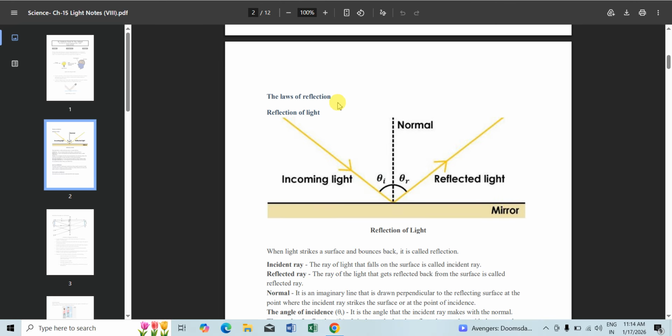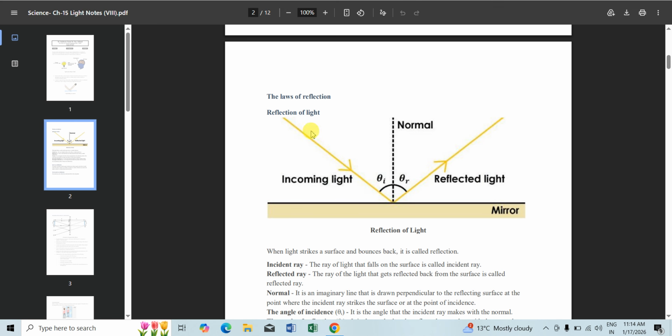What is the law of reflection? What are the laws of reflection? So first let us go through this diagram. Let me tell you what these are: normal, reflected ray, incoming light, mirror. So this is the incidence ray of light or incoming light.